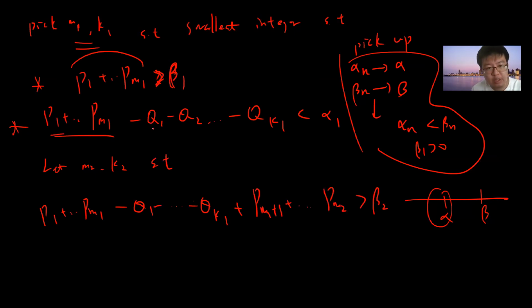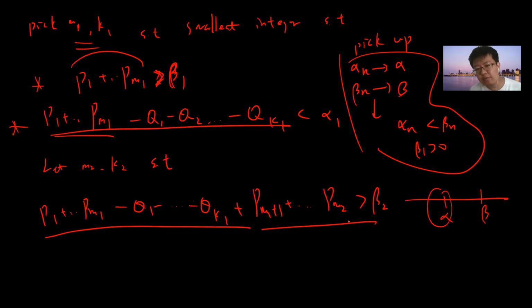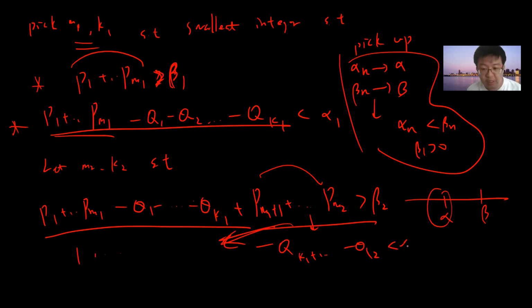Because the positive series diverges and goes to infinity, I can always find enough P terms to be arbitrarily large, so I make this greater than beta 2. Then I do the same thing: minus QK1 plus 1 through minus QK2 is less than alpha 2. Okay, so now you see the trick. I can keep going.